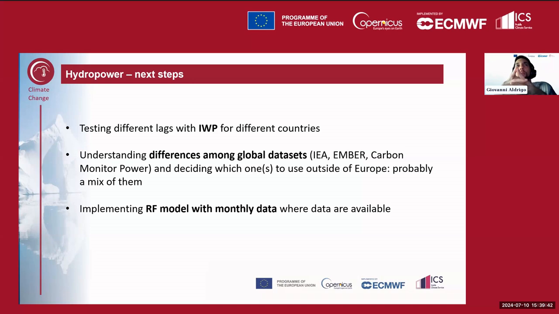There are others, and we have to decide which ones to use outside of Europe for each country. It will probably be a mix of them. And start implementing the random forest model also at monthly scales for data that do have some generation time series available. So that is all.